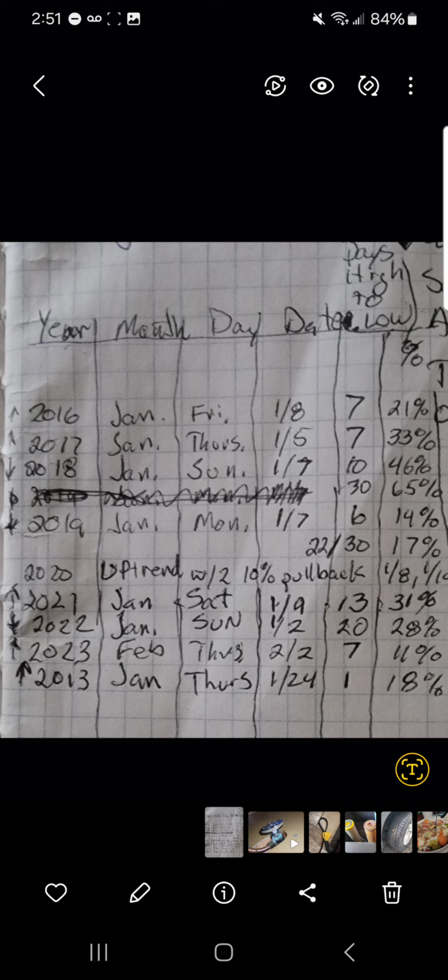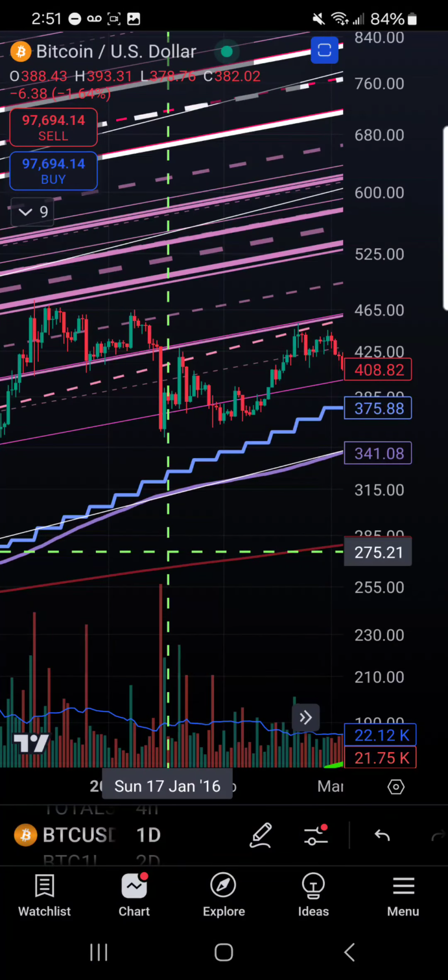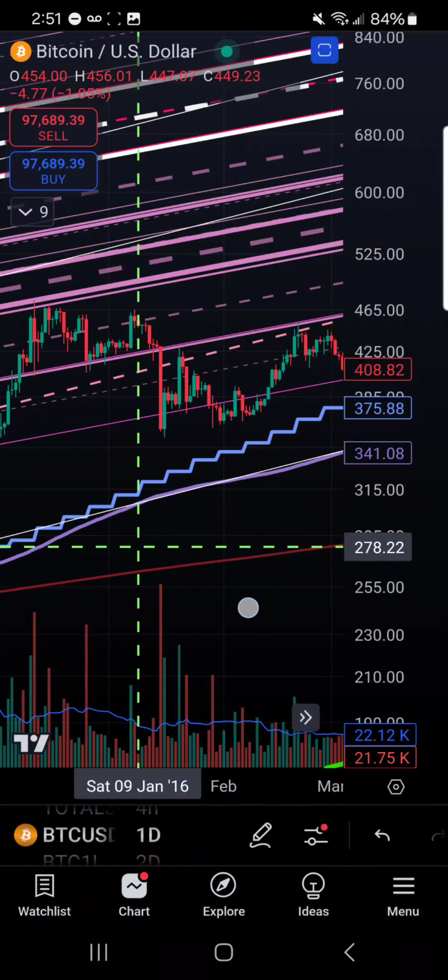The month of January, Friday the 8th of January, we began a dump of 21% that lasted 7 days. That's what I wrote down there. And here, you can see that it did begin on the 8th.